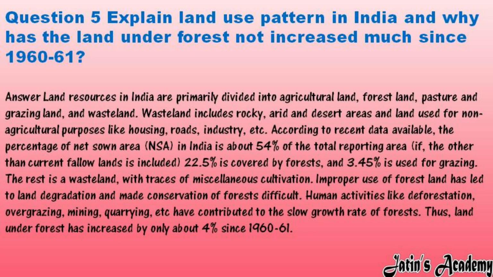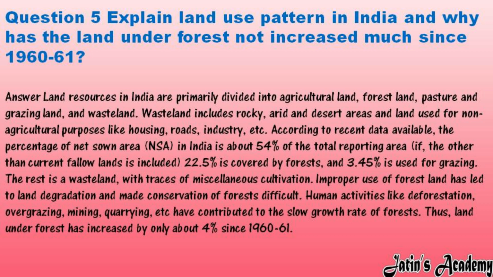According to recent data available, the percentage of net sown area, NSA, in India is about 54% of the total reporting area. If the other than current fallow lands is included, 22.5% is covered by forests, and 3.45% is used for grazing. The rest is a wasteland, with traces of miscellaneous cultivation.